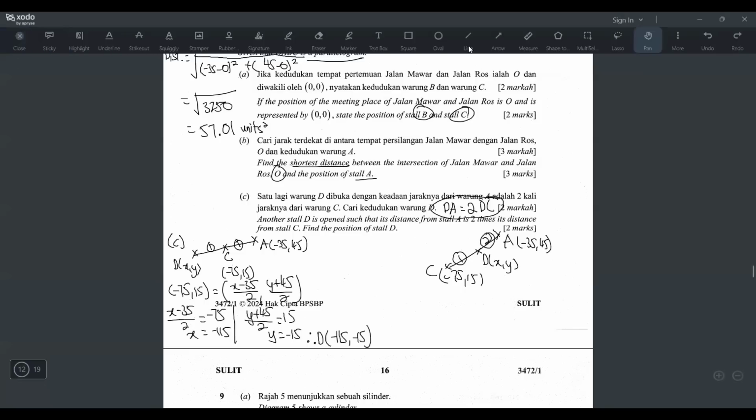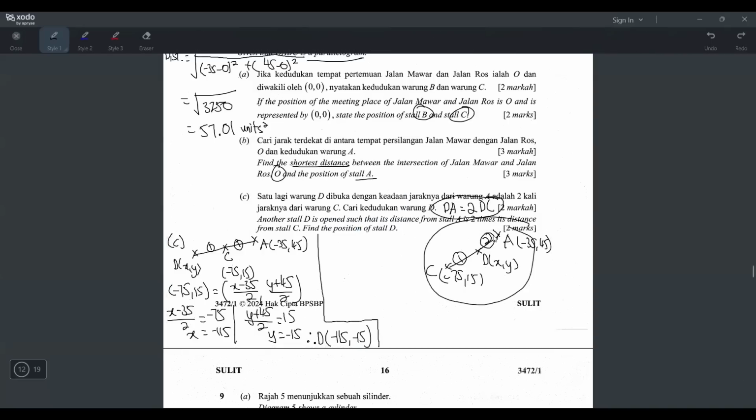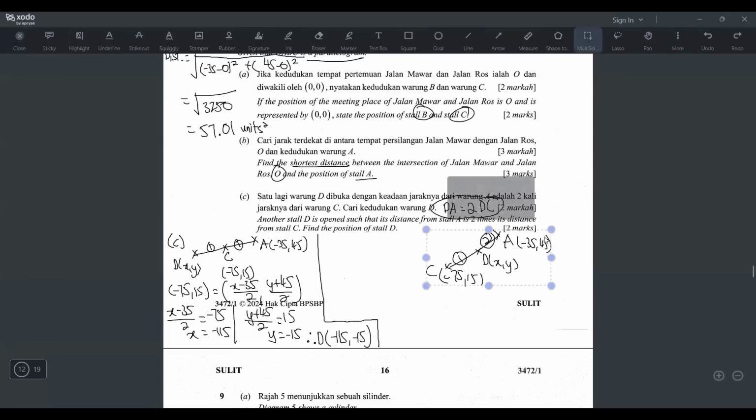But there's another possible way to do it. Okay, I'll just separate it like this. So another possibility is like this, right? Wait, let me try it one more time.